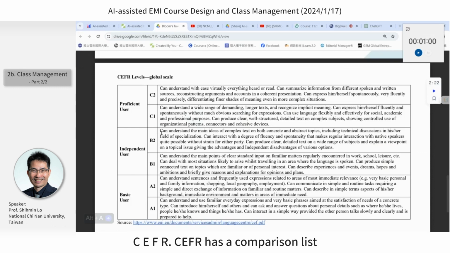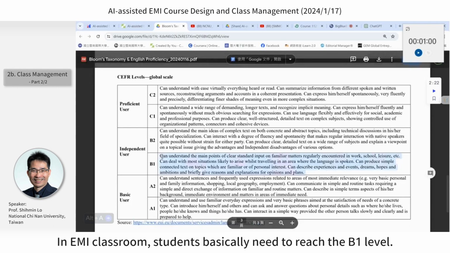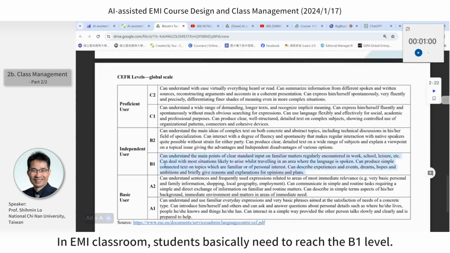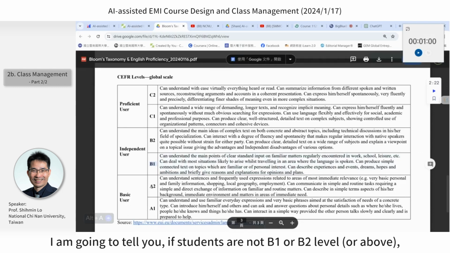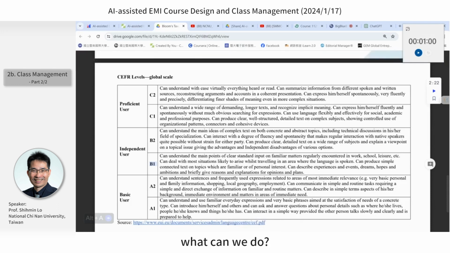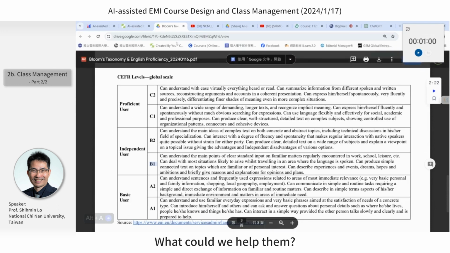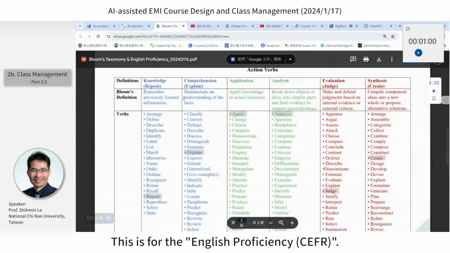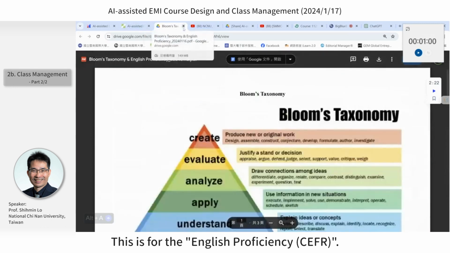CEFR has a comparison list which can accommodate TOEIC, IELTS, and others. In an EMI classroom, students basically need to reach the B1 level. So I will tell you, if students are not at B1 or B2 level, what can we do? How could we help them? So this is for the English proficiency.